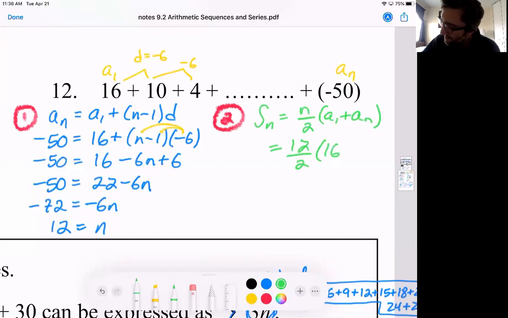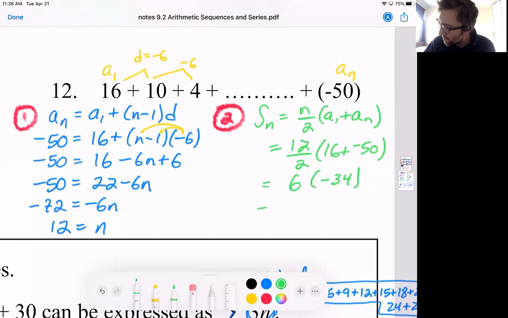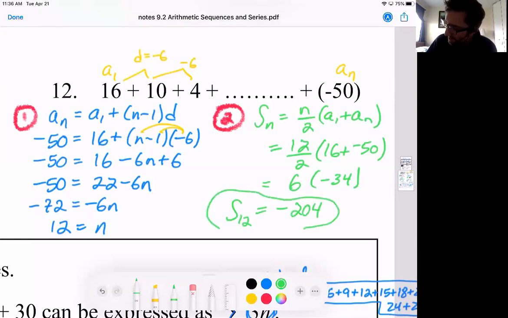Our first term is 16. Our last term is negative 50. So that would be 6 times negative 34. So 6 times negative 34 is negative 204. So the sum of these 12 terms is negative 204.